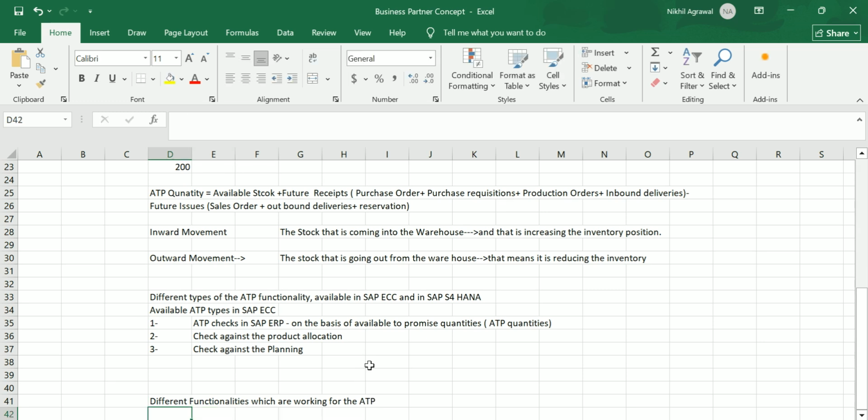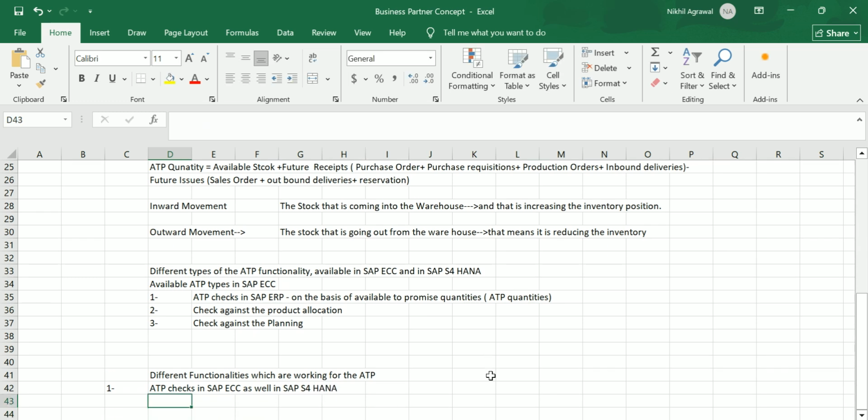First is ATP checks in SAP ERP or in SAP ECC as well as in SAP S4 HANA.